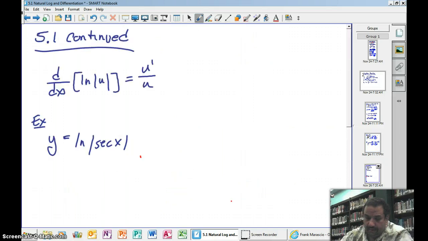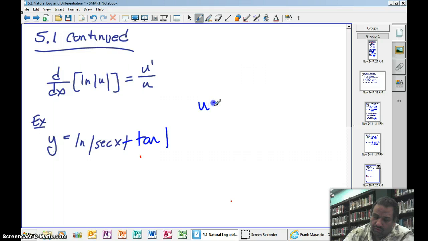Okay. Let's go large. Absolute value gives you the same thing. So it doesn't matter. In the secant world, okay, my example is let's do secant plus tangent. Absolute value.